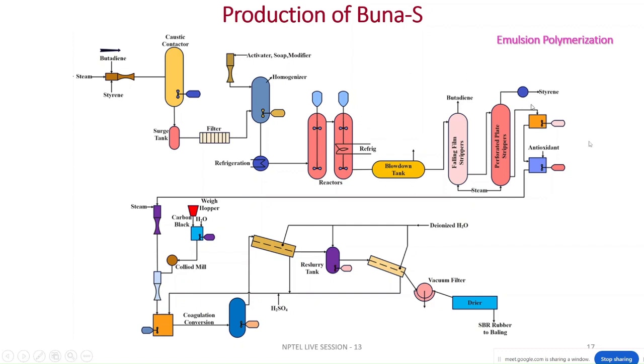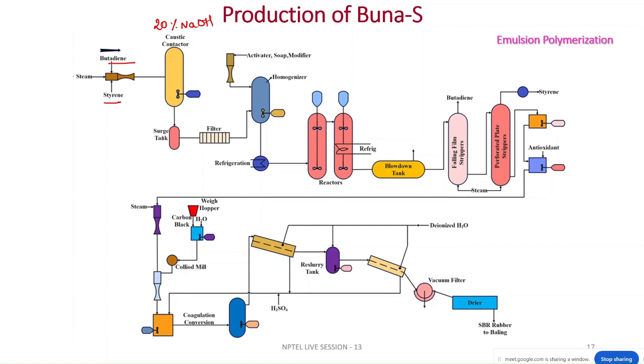Now we discuss the production method, or the flowchart, for production of Buna-S. At the first step, the butadiene and styrene are mixed with steam and fed to the reactor, where caustic soda, about 20 percent NaOH, is added to purify the monomers.